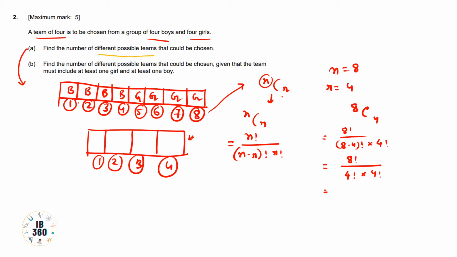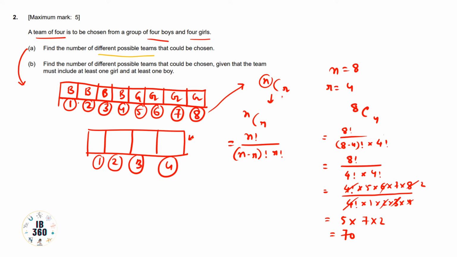Now 8 factorial we can write as 4 factorial into 5 into 6 into 7 into 8, divided by 4 factorial into 1 into 2 into 3 into 4. After 4 factorial, if we multiply 5, 6, 7, 8, it becomes 8 factorial. Now we cancel: 3 into 2 is 6, then 4 into 2 is 8. So ultimately the answer is 5 into 7 into 2, which equals 70.